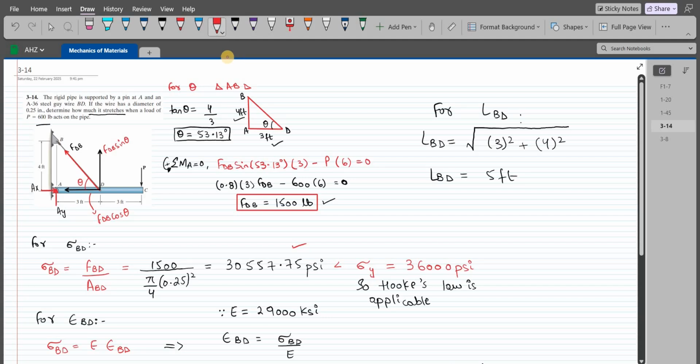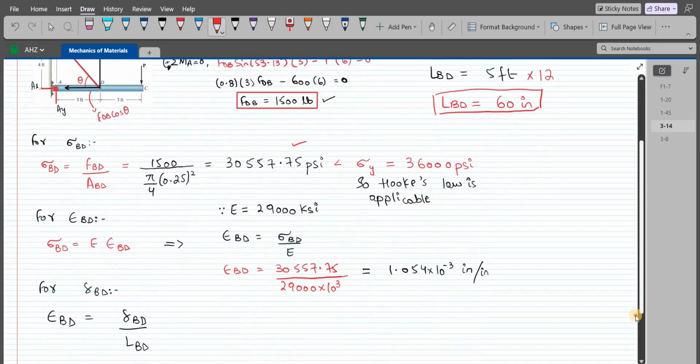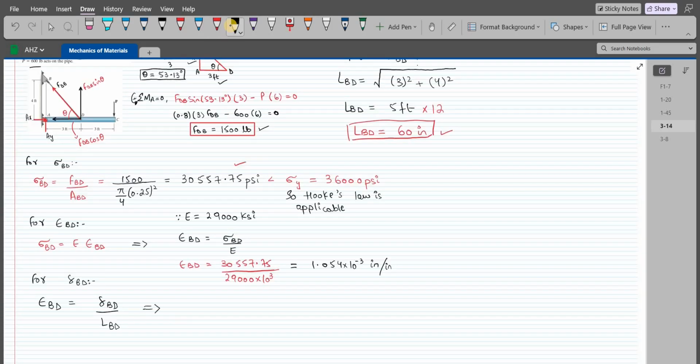But since we are working in pounds per square inch, we have to convert this 5 feet into inches. So we have to multiply it by 12 because in 1 foot we have 12 inches. So LBD comes out to be 60 inch. So the stretch BD is equal to average normal strain BD times the unstretched length LBD.